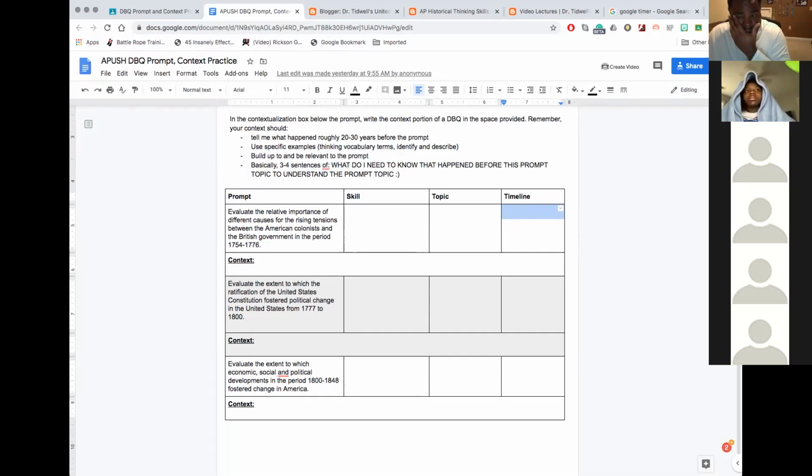I'm going to go to Miss Kelly, and that's why you're here, to help me out. So here's the prompt. Evaluate the extent to which the ratification of the United States Constitution fostered political change in the United States from 1777 to 1800. What are the skills here for this prompt? Causation. Causation, yes.